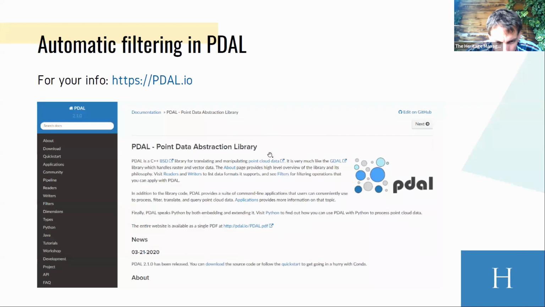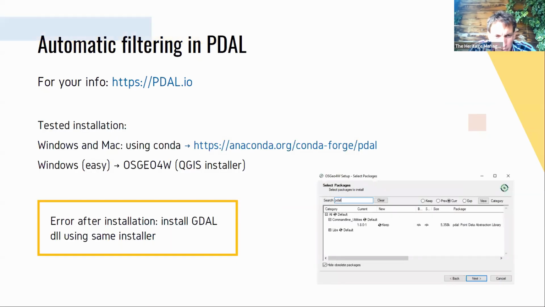Just for your information, when is this very useful? If you have a huge amount of points and you want to do automatic data filtering, you can just write your own scripts and say, okay, I will sequentially process all the files one by one using this PDAL library. If you don't have it installed, you can just go to the installer of OSGeo4W, and then you can select the PDAL library.